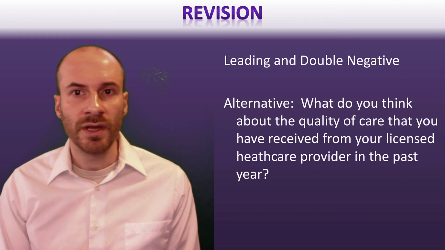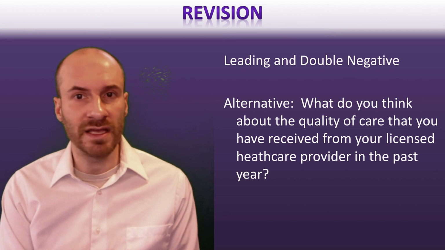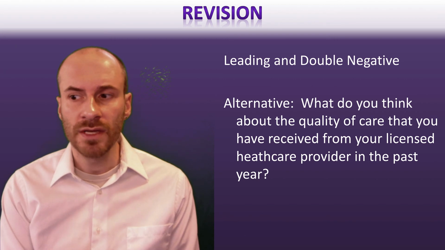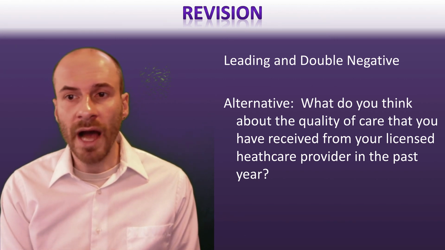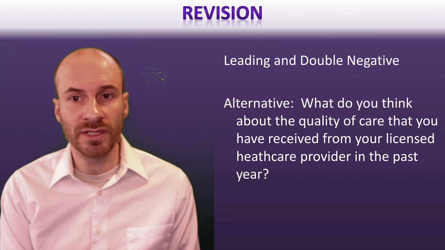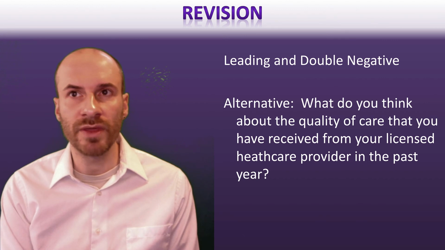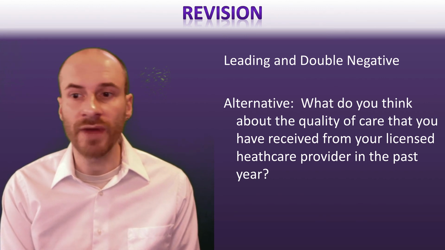All right. So there's an element of failed to provide high quality care that is somewhat leading there, right? So it seems like there might be some bias in that question. I also would say that it's a double negative, right? So you're asking someone to disagree with whether or not someone has failed to provide care, or how much you disagree, right?